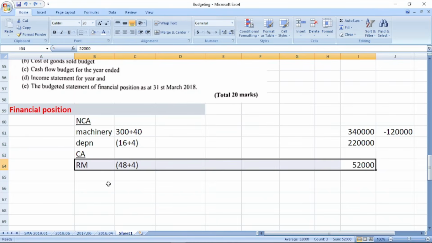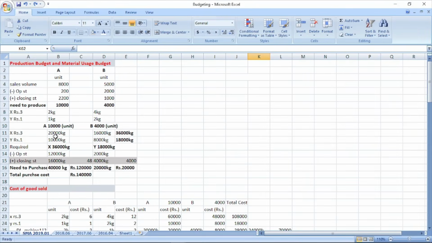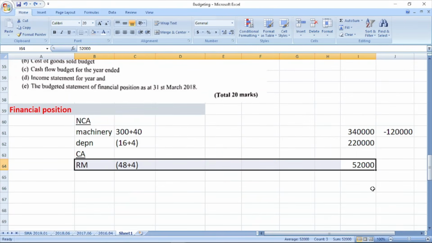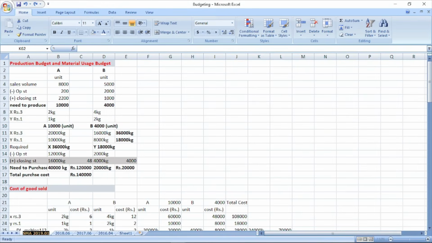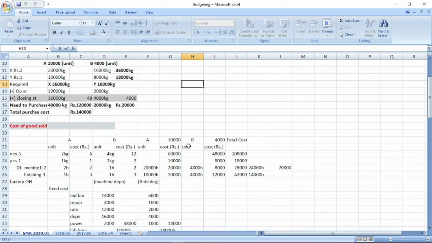Then current assets, raw material, closing stock: X 16,000 kilogram, it is 48,000, and Y 4,000 kilogram, it is 4,000. 48,000 plus 4,000, it is 52,000. And finished goods they mention 66,900.